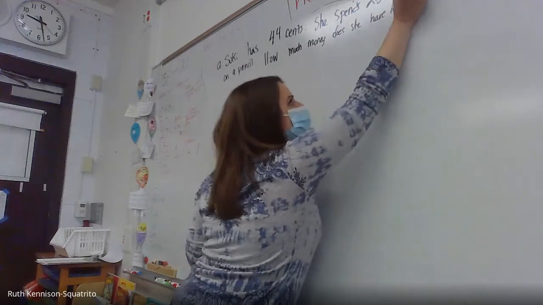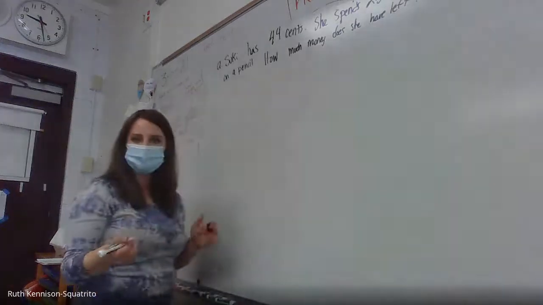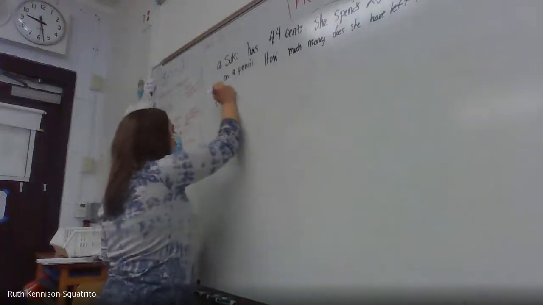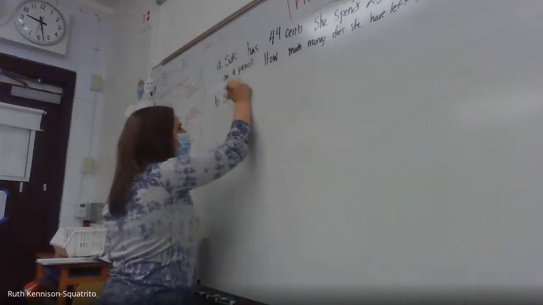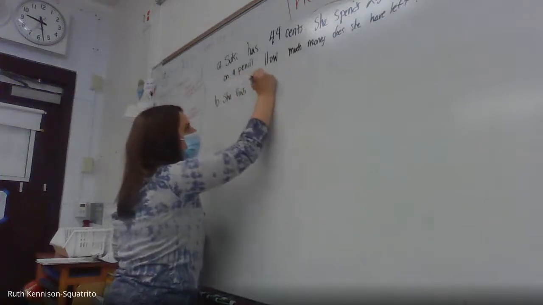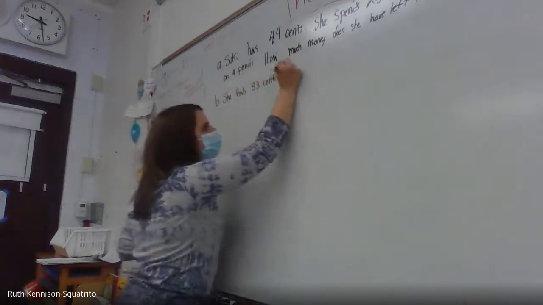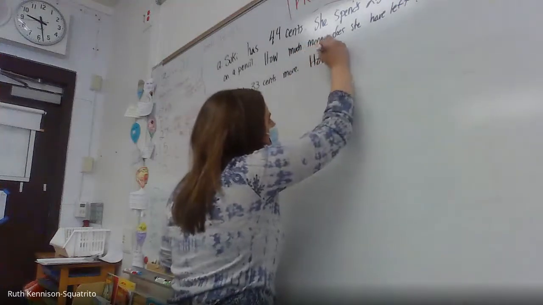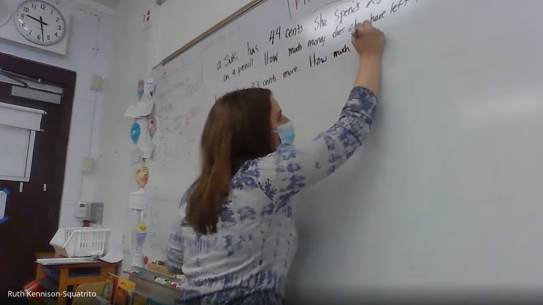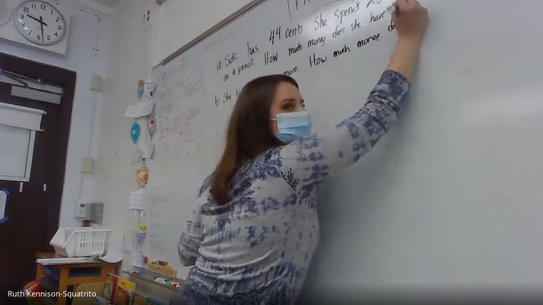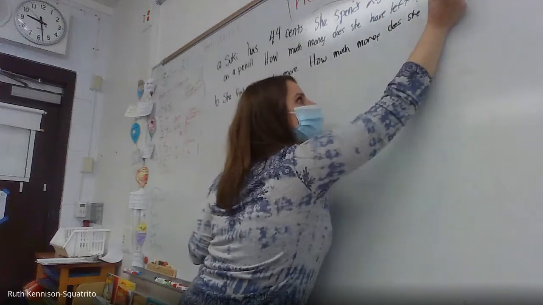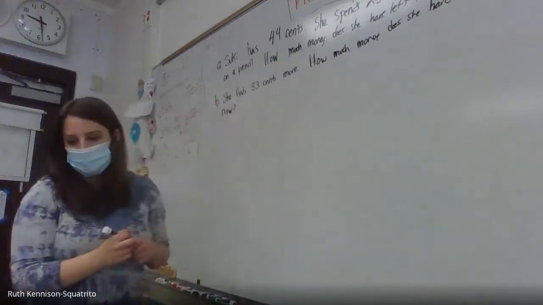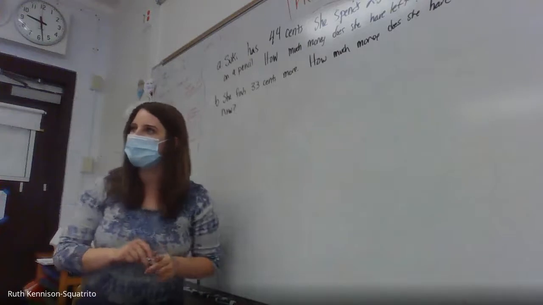So that's the first part. If she's got 44 cents, she spends 25 cents, how much does she have left? The second part, part B: she finds 33 cents more. How much money does she have now? Okay, so first we need to solve that first part of the problem. Then we solve the second part, part A, and then part B.